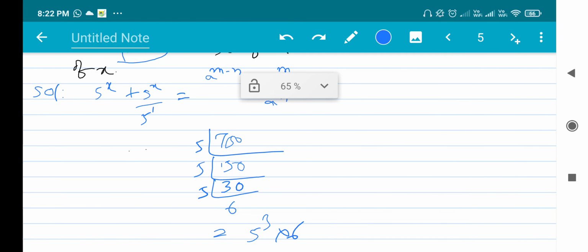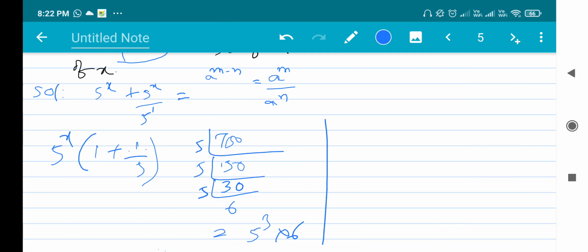See here, by taking 5 to the power of x common, we get 5 to the power of x into 1 plus 1 upon 5. Are you got this? LHS is this one.